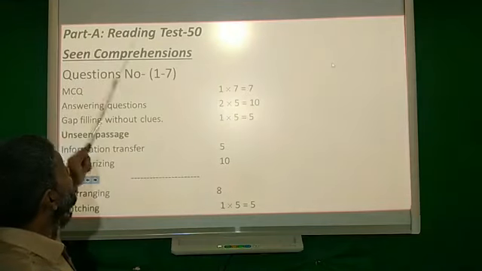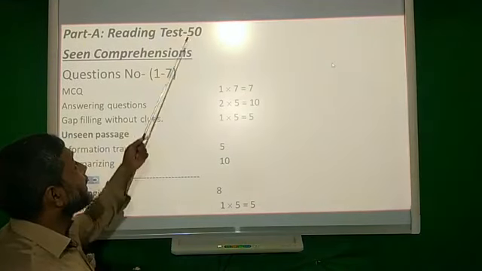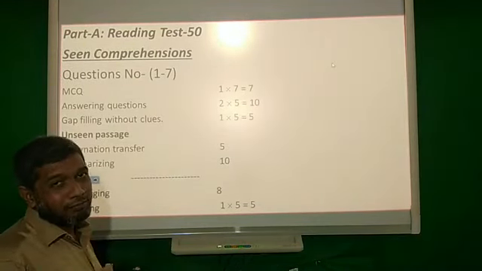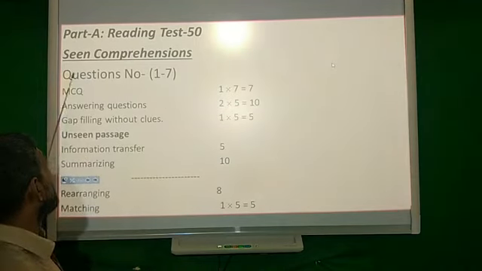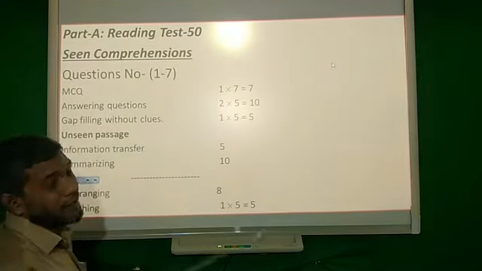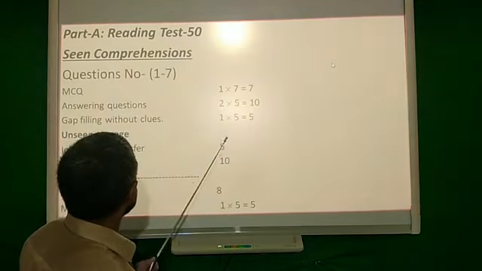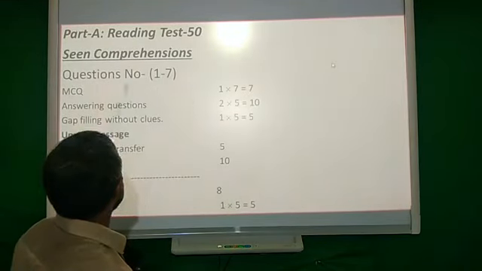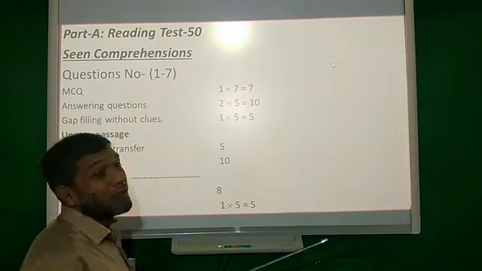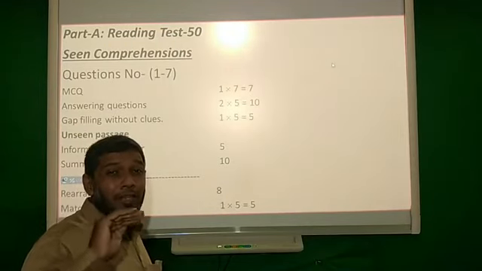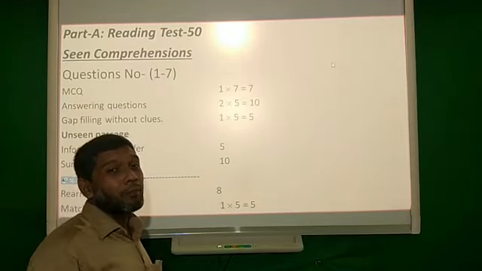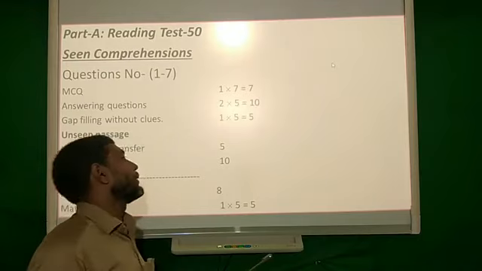Part A is the reading test and it will carry 50 marks. Among the 50 marks we have seen comprehensions. In the seen comprehension you have question number 1 to 7, so you have to face 7 questions.